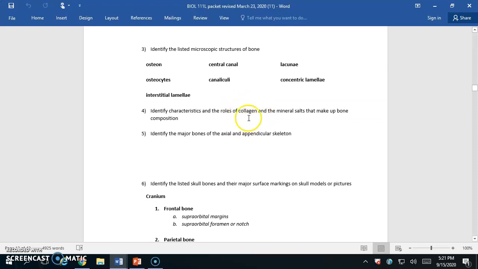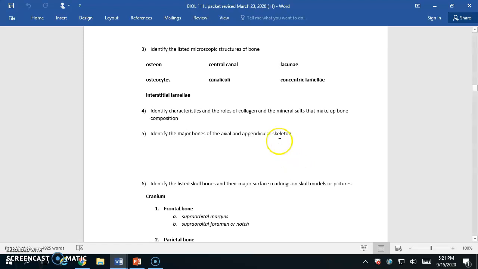So collagen is one component of bone. And then the other component we want you to know is the mineral salts. So think about these as minerals or ions. Those are primarily calcium and phosphorus, but there's other minerals in the bone too.